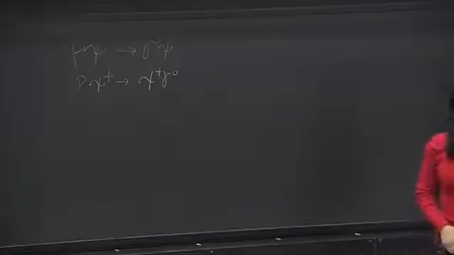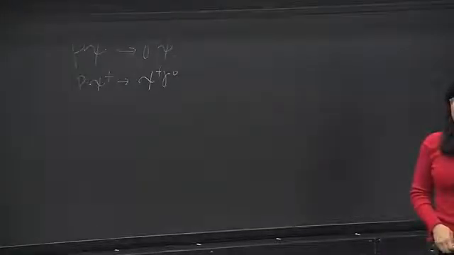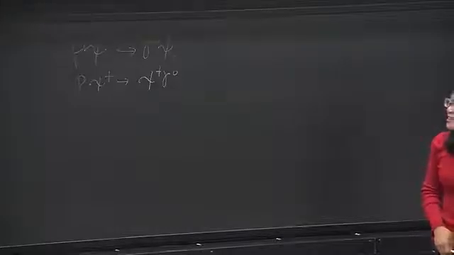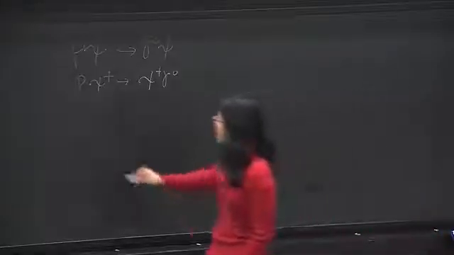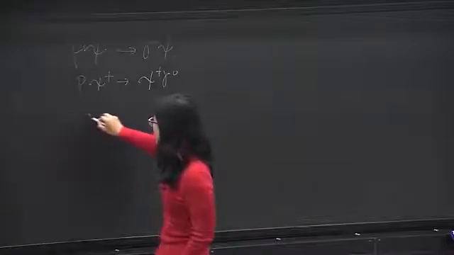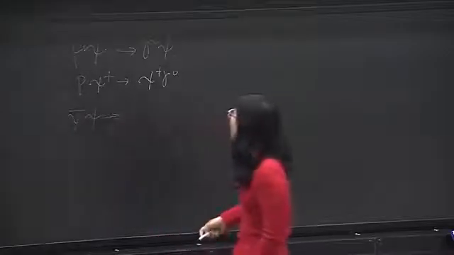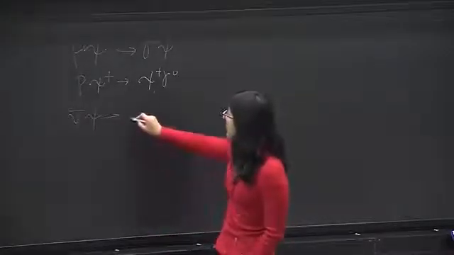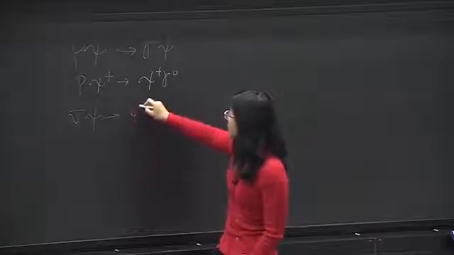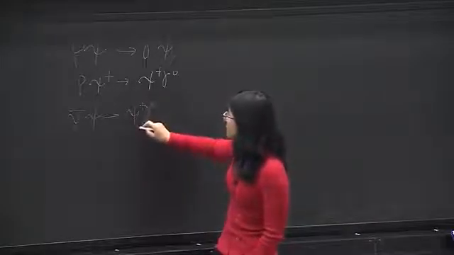Sound logical? I'm just taking a dagger off of the thing we just discovered. Right? Okay, very good. Now I can figure out how my first term transforms. It says psi dagger will become psi dagger gamma 0.